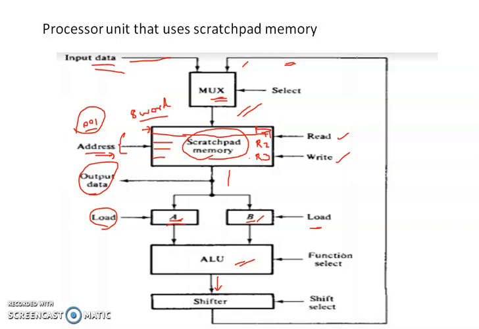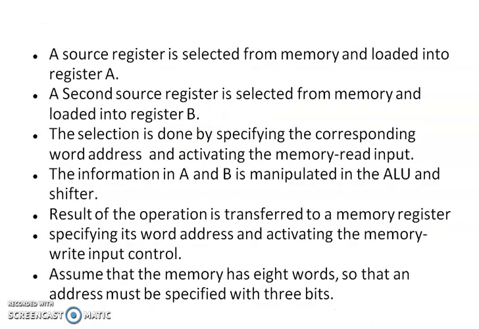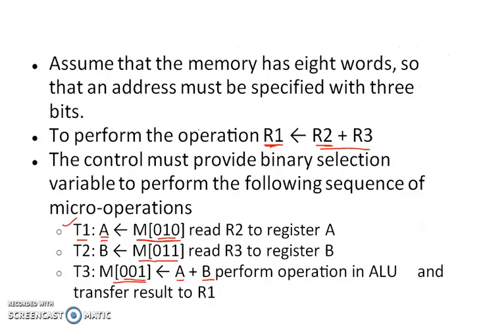It takes the information that is currently available in the bus, and it passes it to the ScratchPad memory, where it will be stored based on the address that is being mentioned. That is R1. It should be loaded to R1. So the address will be like 001. To that location, the result will be stored. So this is a usage of ScratchPad memory.